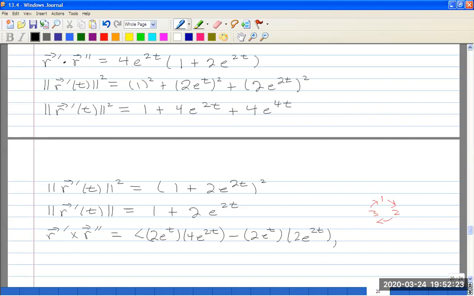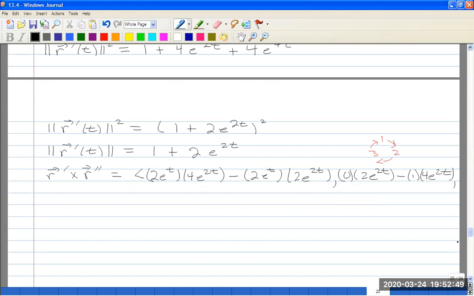So let's do 3, 1. So that's 0 times 2e^{2t}, minus 1 times 4e^{2t}. And lastly, let's do 1, 2. So it'll be a 1 times 2e^{2t}, minus 0 times 2e^t.